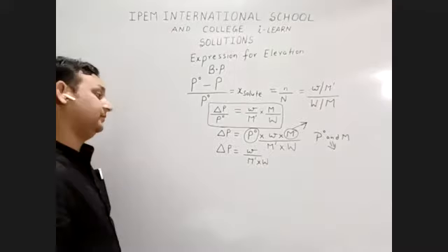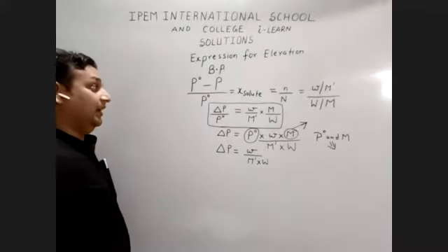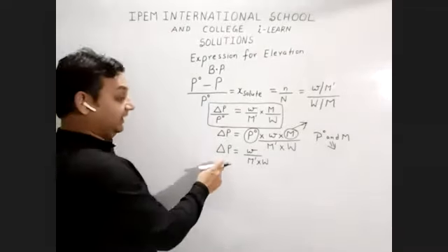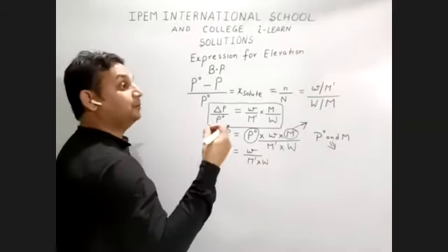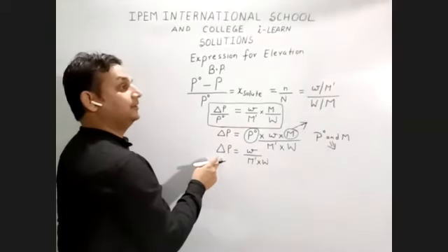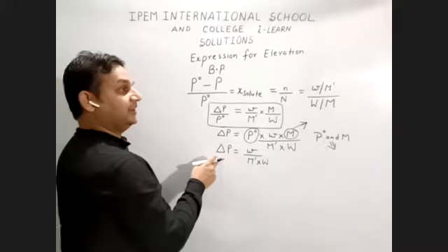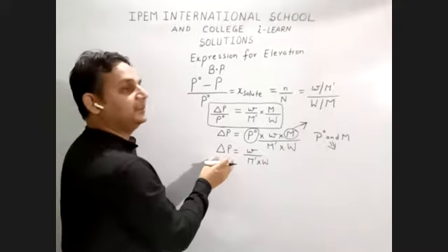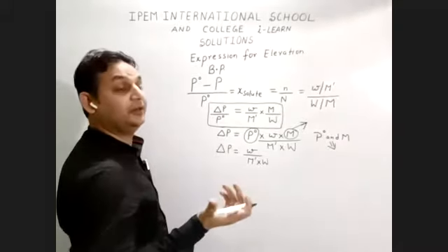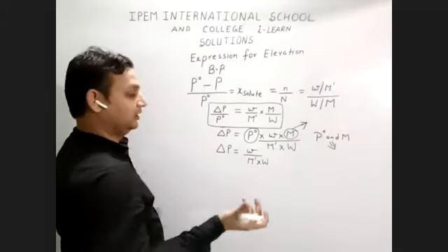All right. And we got the relationship earlier that delta TB is directly proportional to delta P. Elevation of boiling point is proportional to the lowering of vapor pressure.